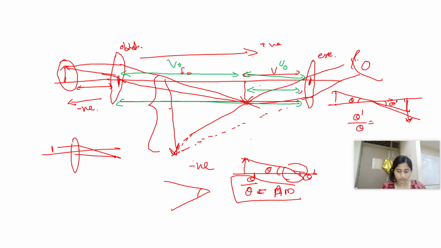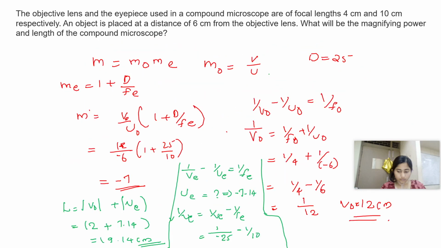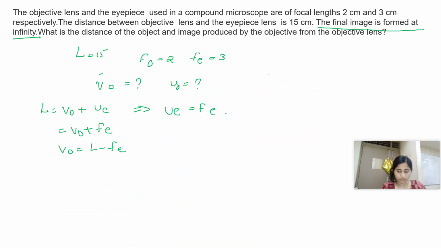For no strain, the image formed by the objective will be at the focal length of your eyepiece. The same thing applies here also. In such a situation, the final image will form at infinity. In the least strain case also, the image should be at infinity, and here our criterion is that the final image is formed at infinity.